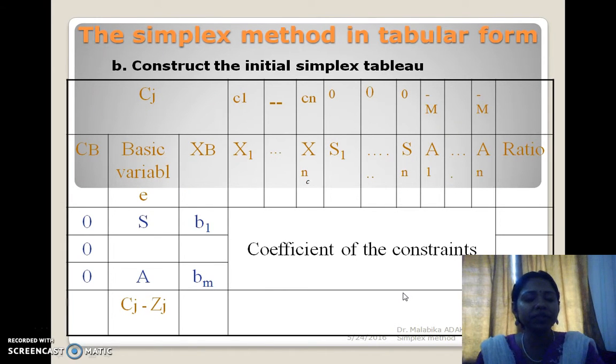So to solve this type of problem, we first construct the initial simplex tableau. So this is the pattern of the simplex tableau. The first row Cj will indicate the costs of all the decision variables, slack variables and artificial variables. And this column will indicate the cost of the basic variable.